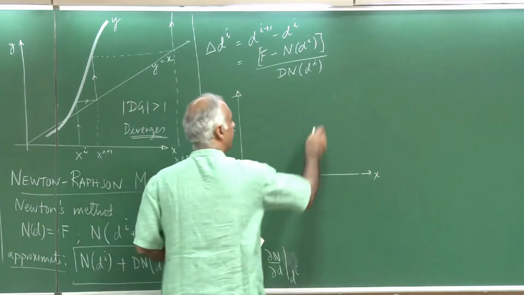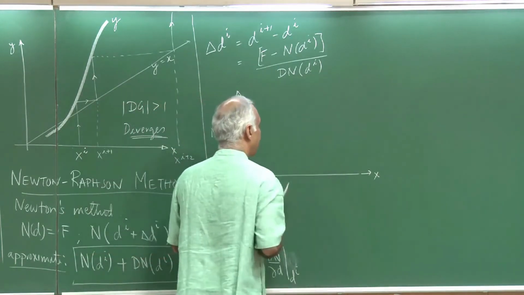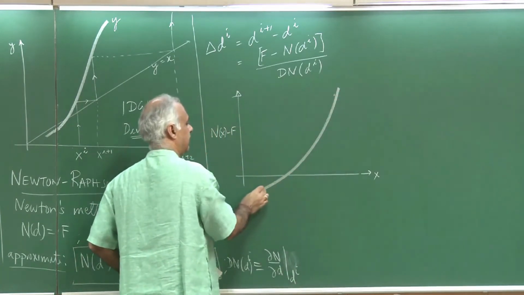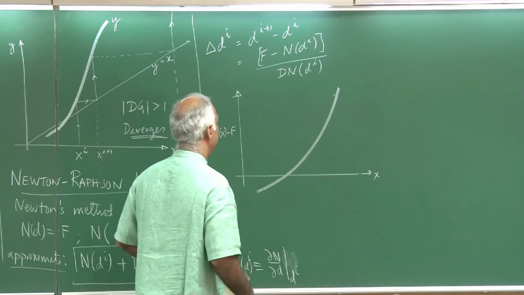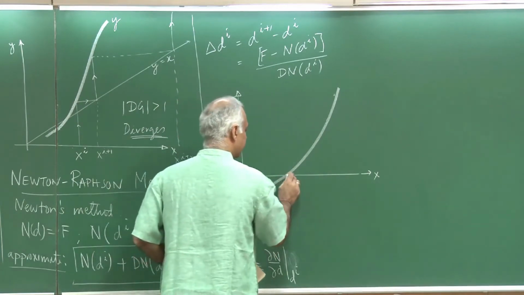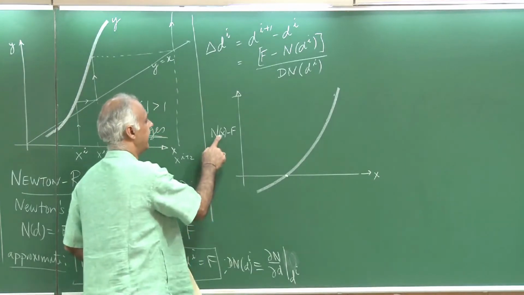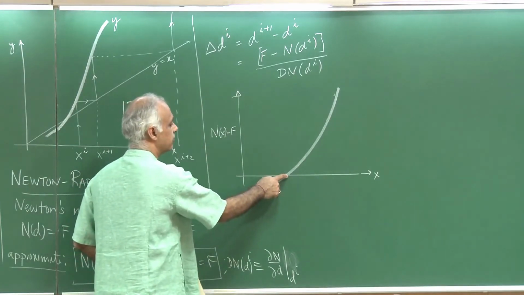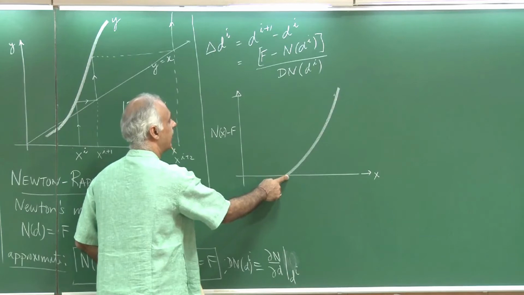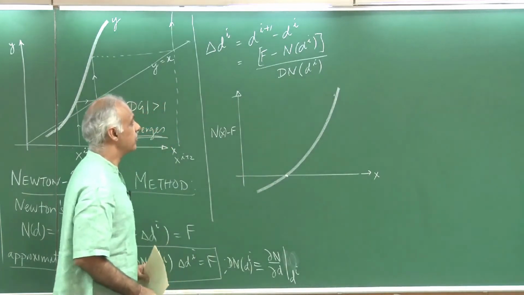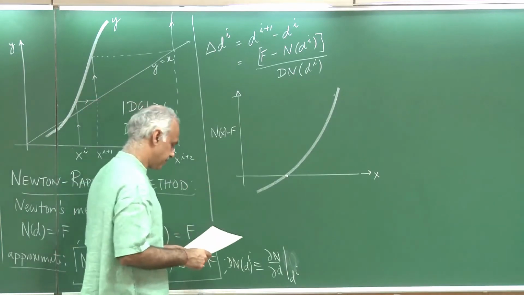Then what we are looking at is, so if this is my function, and I am interested in this as the root, where N(x) minus f goes to 0, so that's the x I am looking at. So I have replaced d with x.